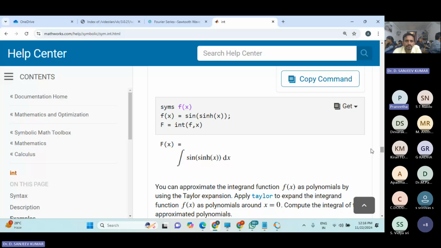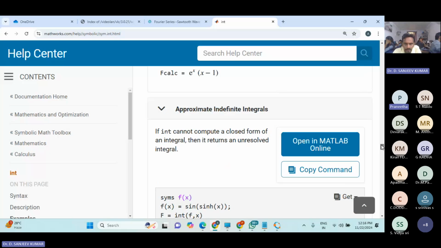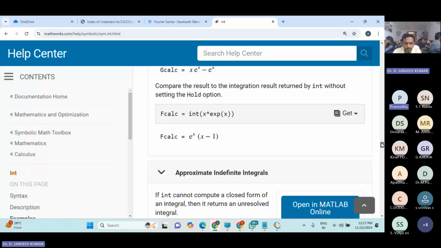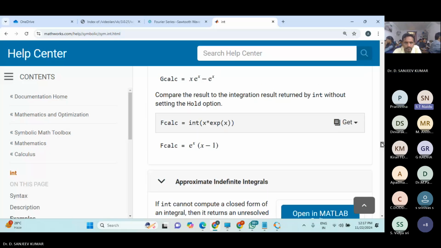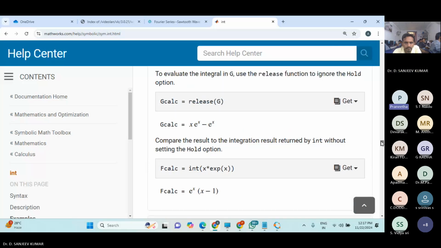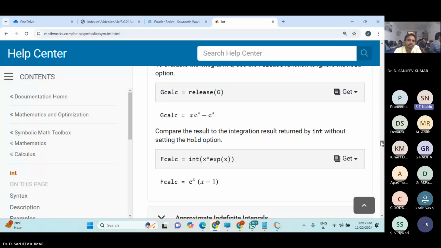This is what sims fx. So it takes some function. Let's say integral x e power x.